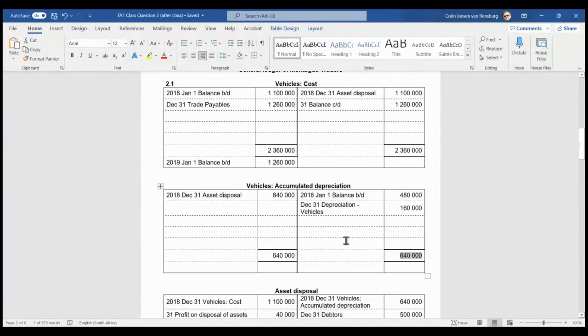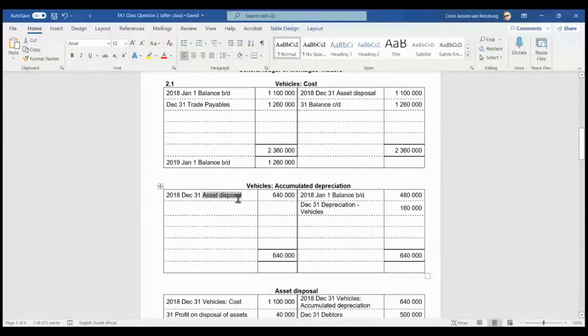But now we've sold that vehicle on the 31st of December, so when we derecognize the vehicle, we take out that balance. And where do we take it to? We take it to the asset disposal account. The same as with the cost: we took it out of the account when we derecognized it, and took it to the asset disposal account. The same happens with the accumulated depreciation.